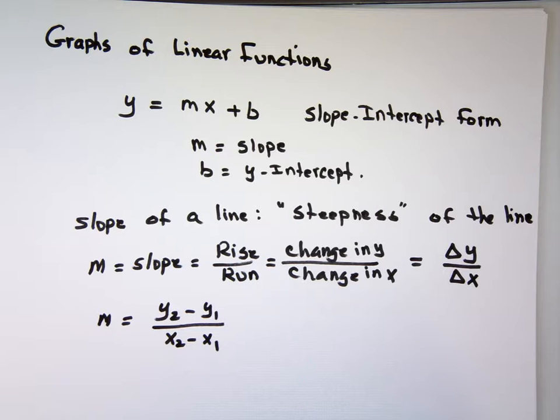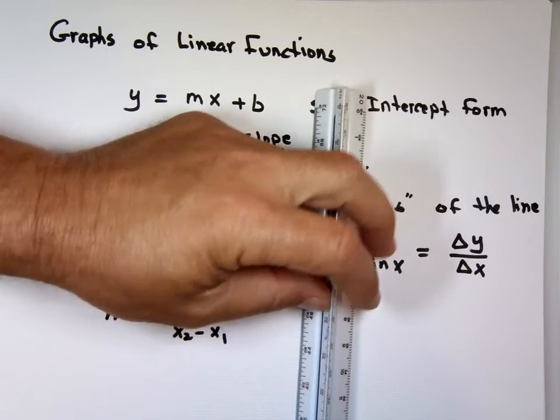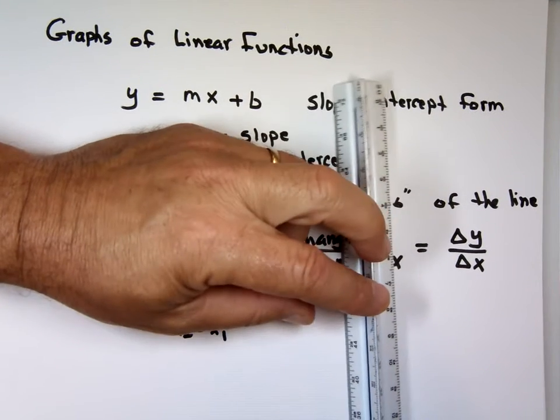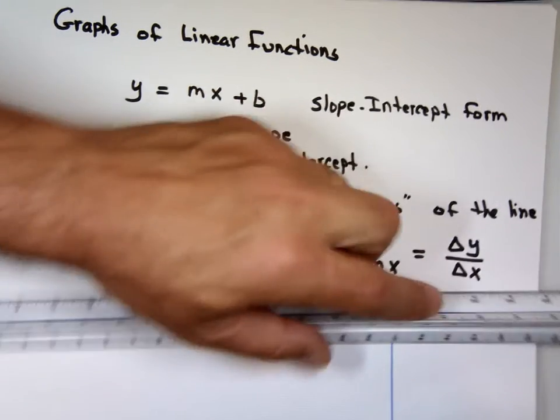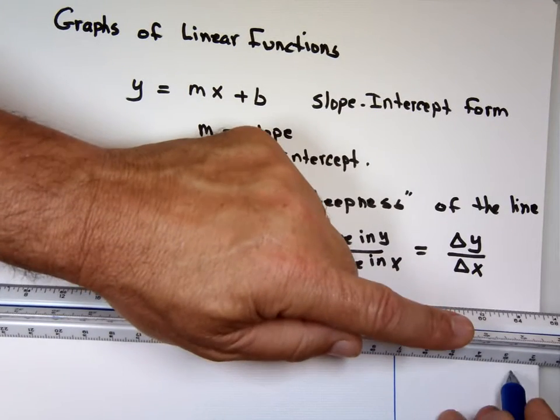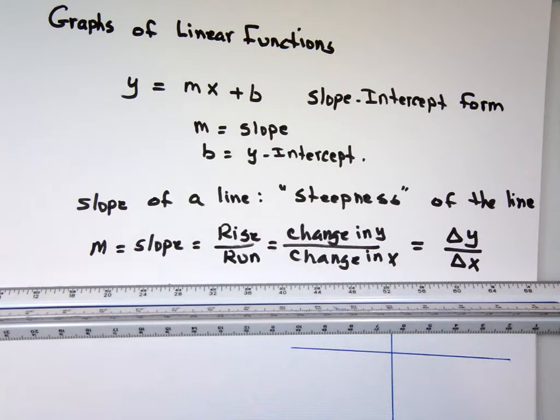And again, how steep is the line? That's what slope is. Now, it might be 0, has no rise or fall, a flat line, the steepness is 0. Or it might be a vertical line, where you're in trouble.